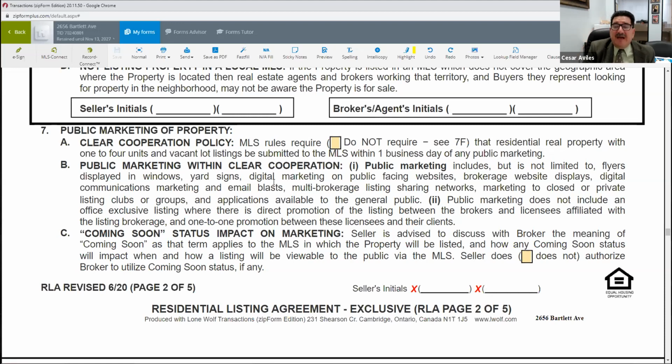Some people believe that if they take the listing and start marketing to their own customers, they're not violating. Yes, you are violating the rule. So if you take a listing today, next business day you better turn that listing and all the paperwork in to the broker. Otherwise, we will be in violation of MLS rules, and the fines are very expensive.